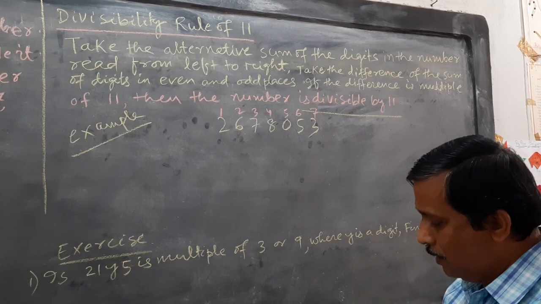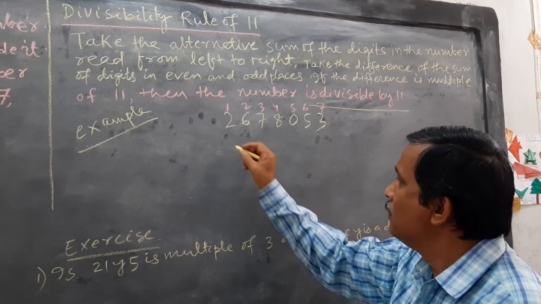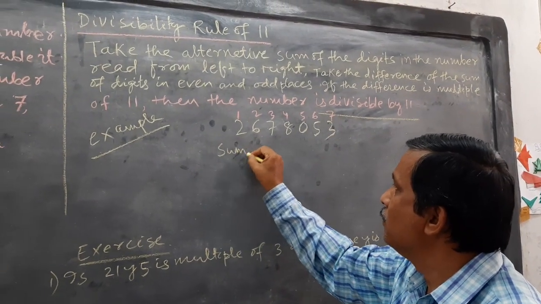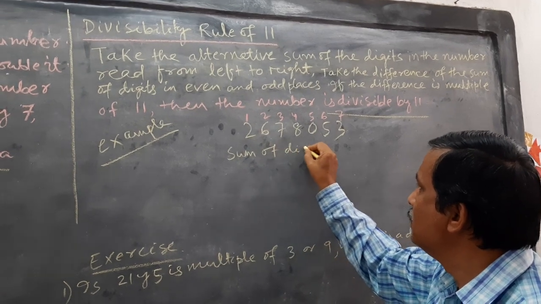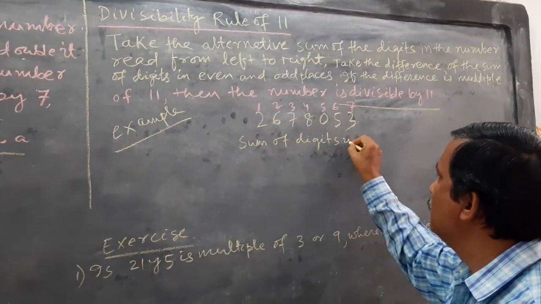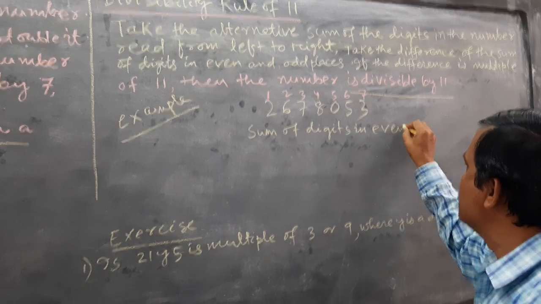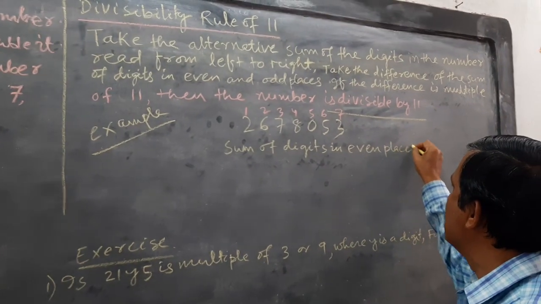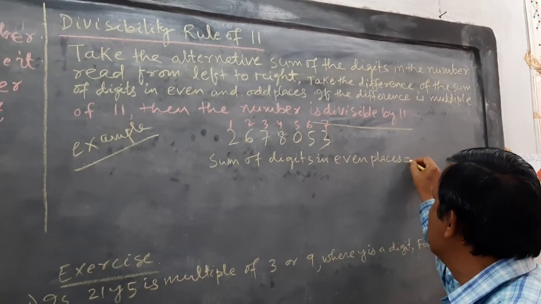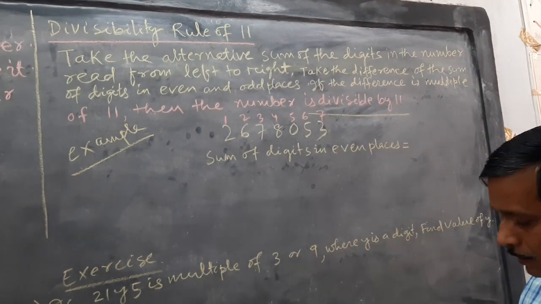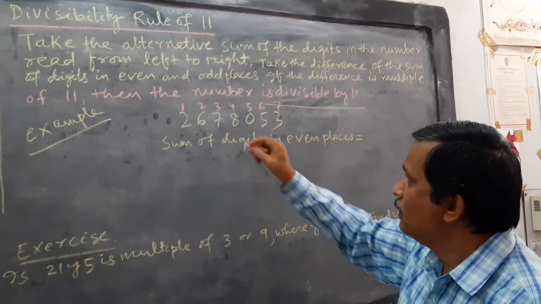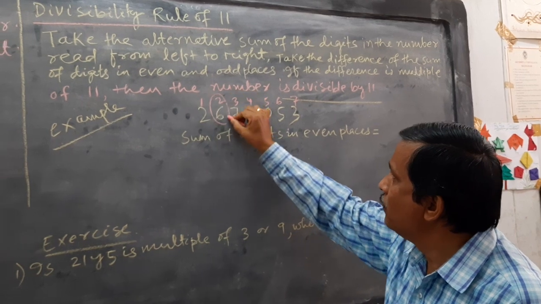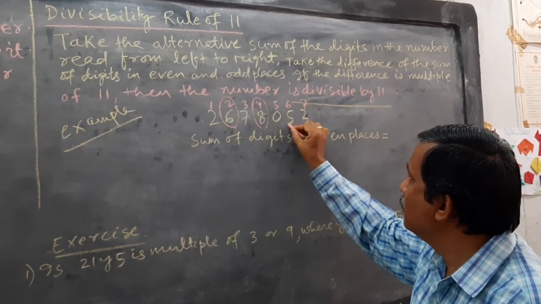So you take the sum of the digits in even places. When you are taking the even places, this number will come, this number, this number.